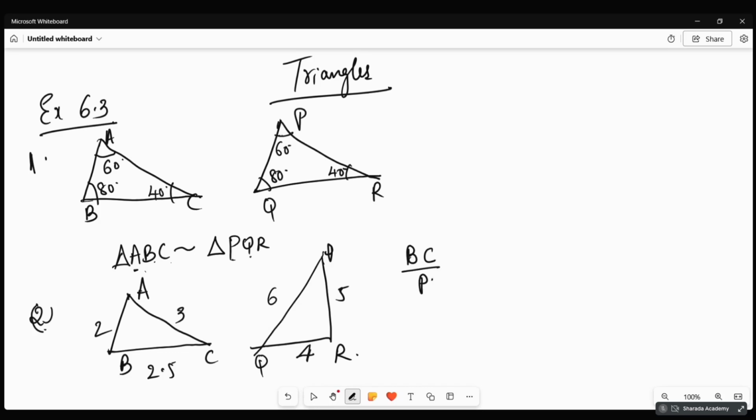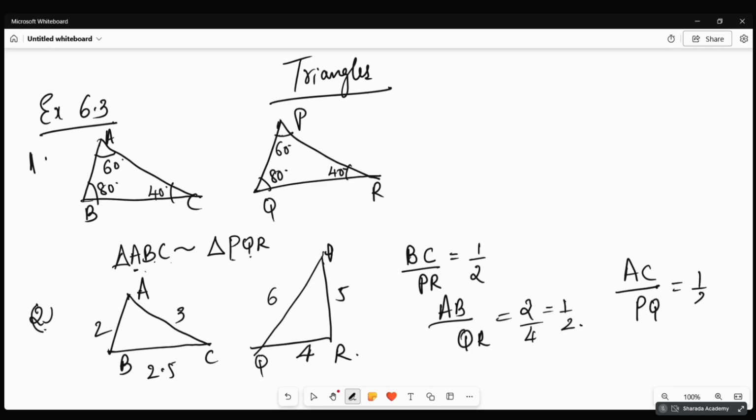BC by PR is equal to 1 by 2. Then AB by QR is again equal to 1 by 2. Then AC by PQ is also equal to 1 by 2. So the two triangles are similar.